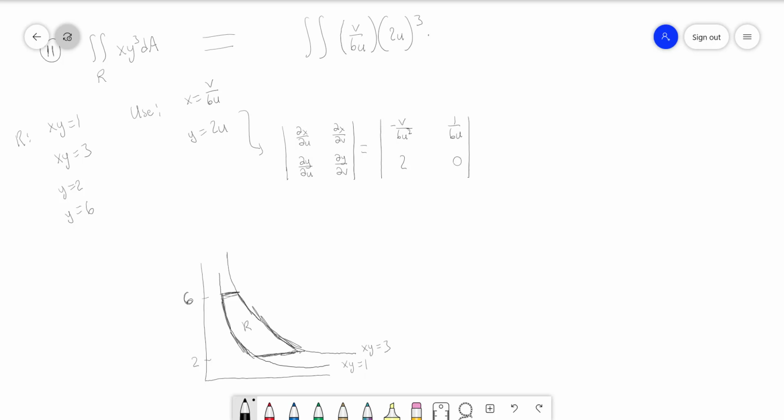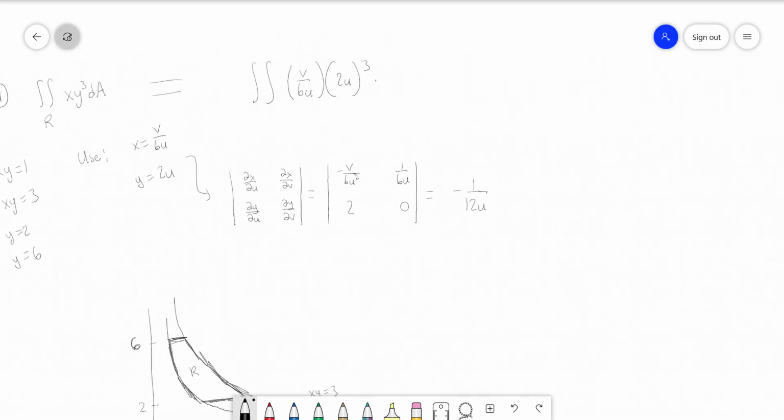So I do those partial derivatives, and now we need the determinant. And then for the change of variables, we multiply by the absolute value of the Jacobian here. So since I multiply by the absolute value, I'm going to drop the negative sign and just do 1 over 12u for the moment. So that's not bad.